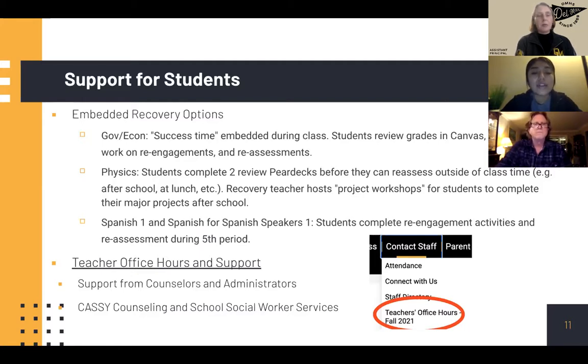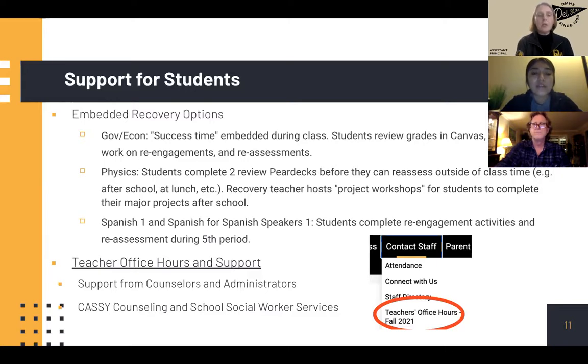Physics has a similar process, but they are having students do a couple of review pair decks, and a pair deck is a piece of technology that teachers use to have students practice those skills. And they want students to have that practice before they do a reassessment, so that they're feeling confident and not just going in and retaking a test and still not doing well on it.